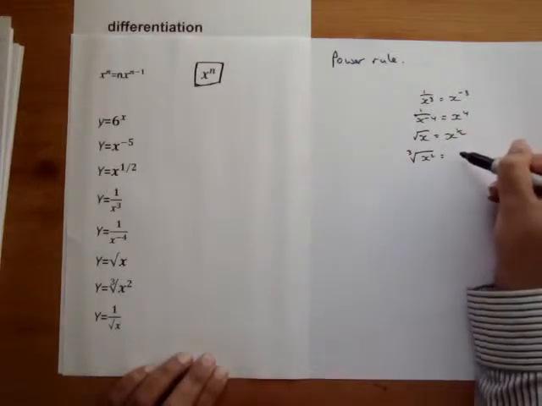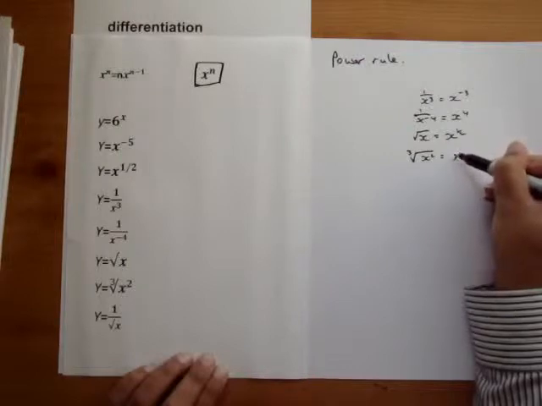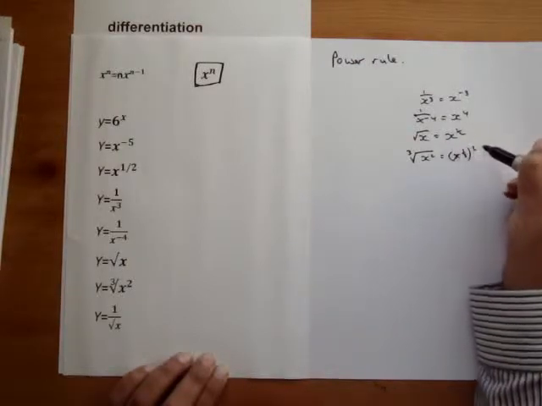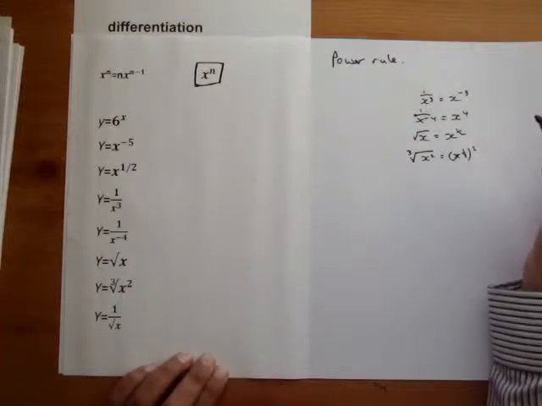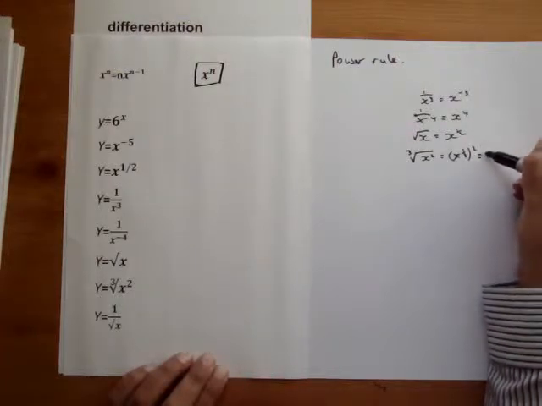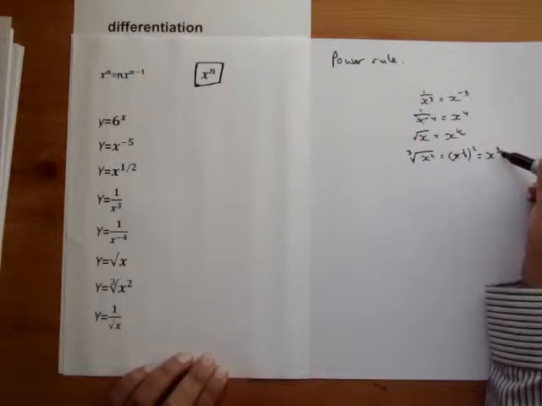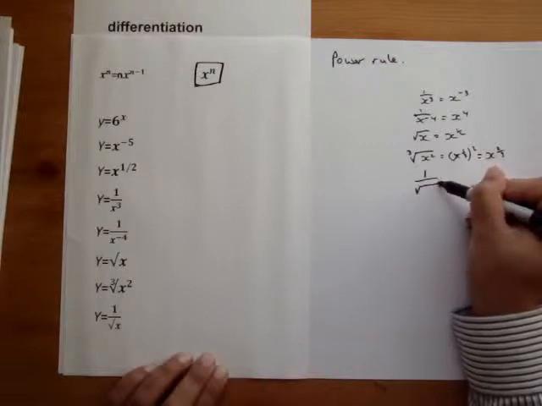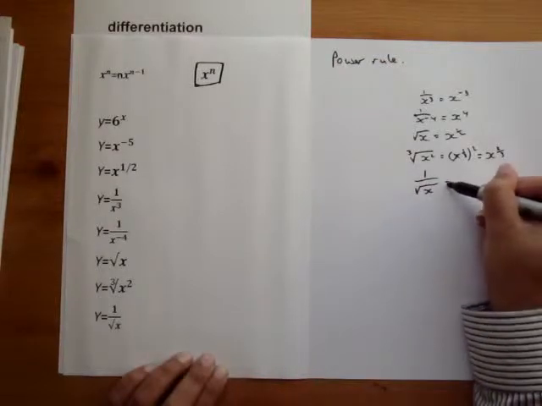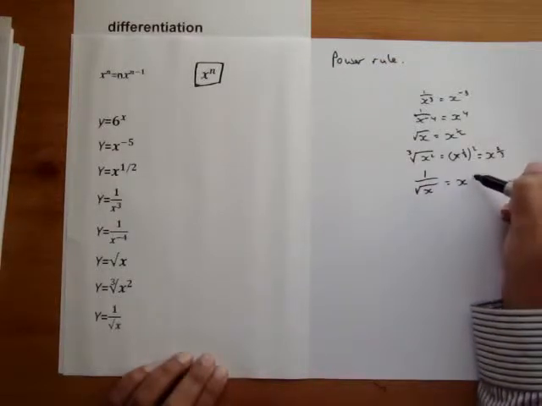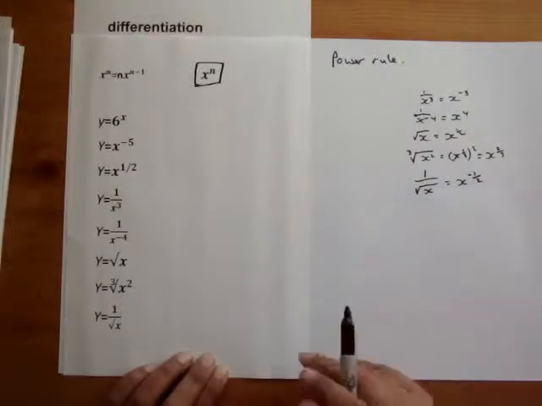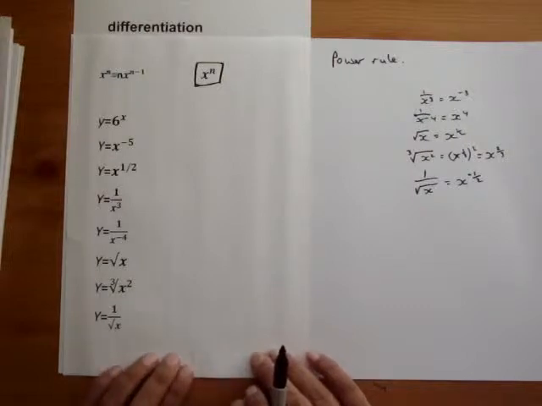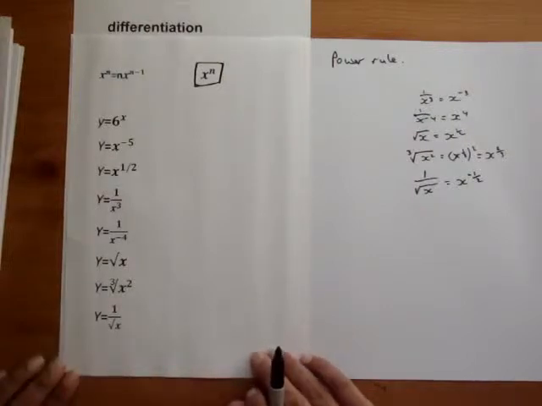That's the same as x to the 1/3 all squared, and that's the same as x to the 2/3. 1 over square root of x is the same as x to the minus 1/2. Okay, now we've done that, let's see if we can differentiate.